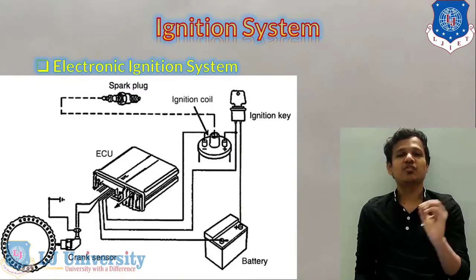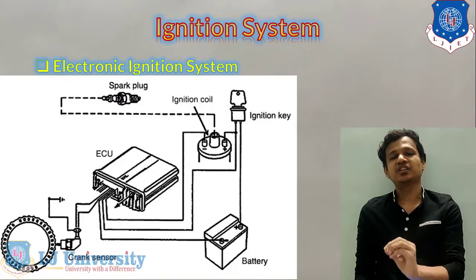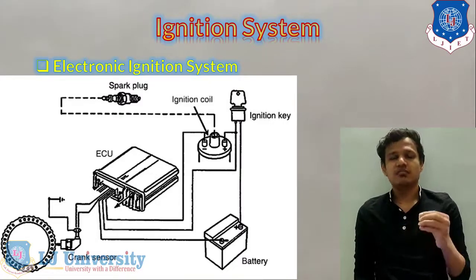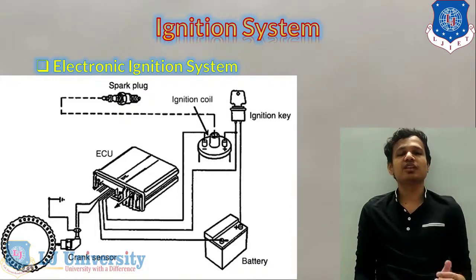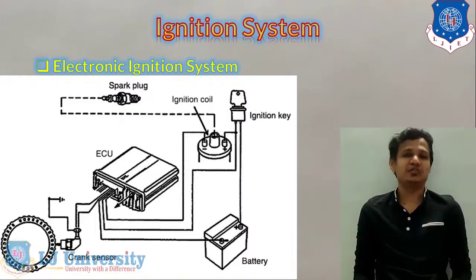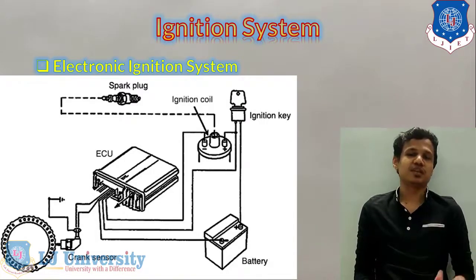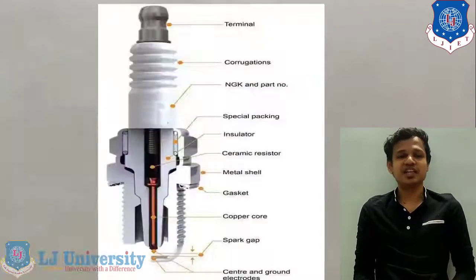Just the operation of the electronic ignition system will be automated with the help of the sensor. But how the spark is generated will be similar to the previous two types, that was magneto ignition system and battery ignition system. So these three are the types of the ignition systems that we use.